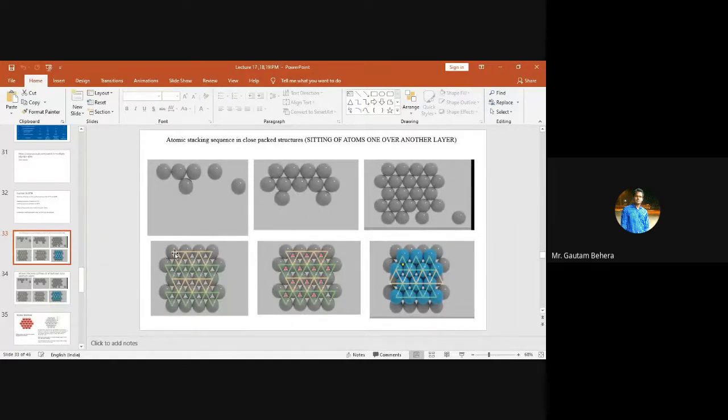This is one inverted triangle, this is one upright triangle, and so on. All the voids forming due to the first layer of atoms are shown as inverted or upright triangles. These are the interstitial sites, shown in red, where small atoms can come and sit. But we are not considering that now.